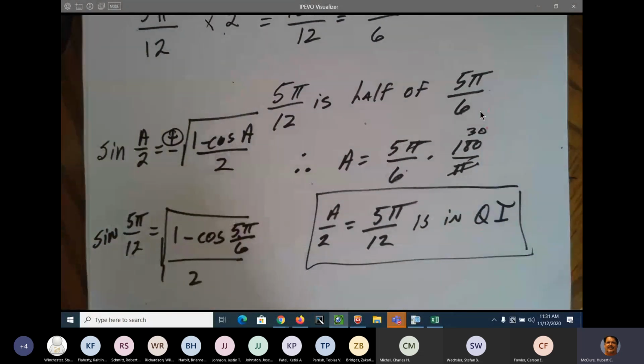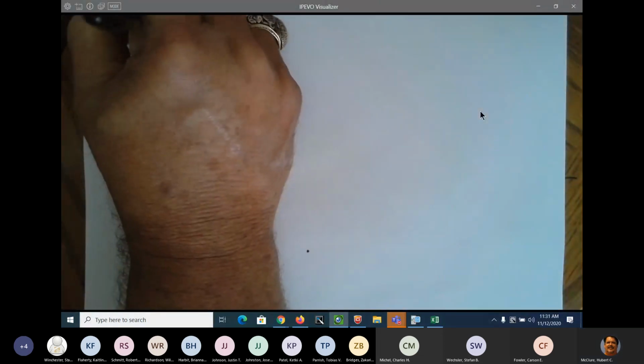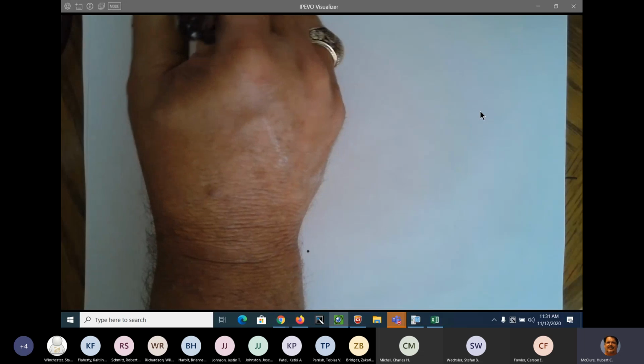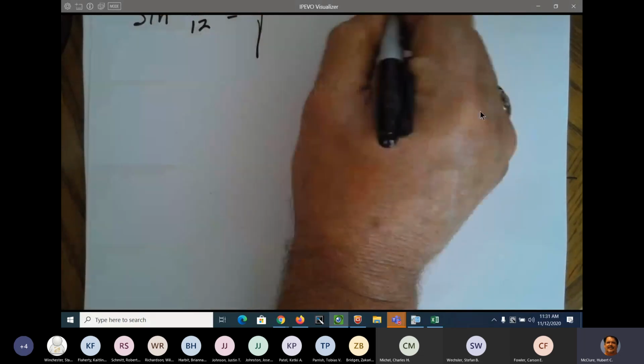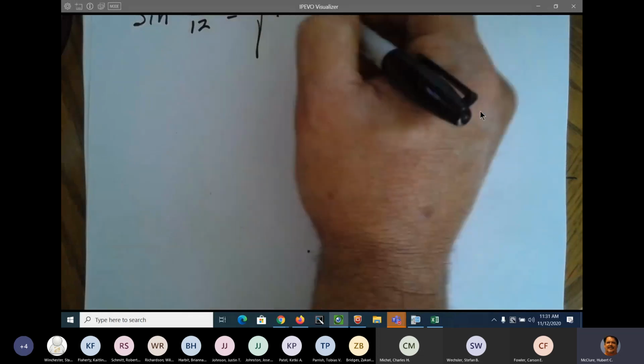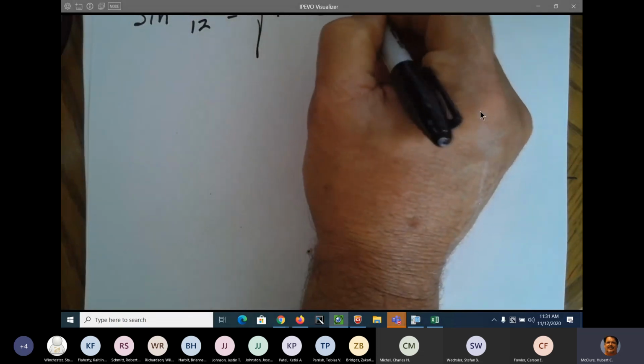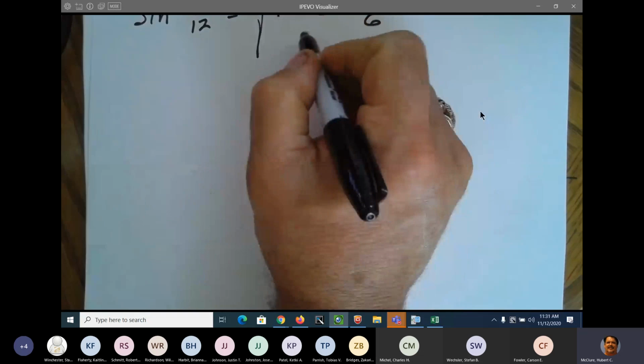All right. Anyway, 5 pi over 6, you do the math, it comes out to be 1 minus a negative square root of 3 over 2. So sine of 5 pi over 12 is equal to the square root of 1 minus cosine of 5 pi over 6, over 2.